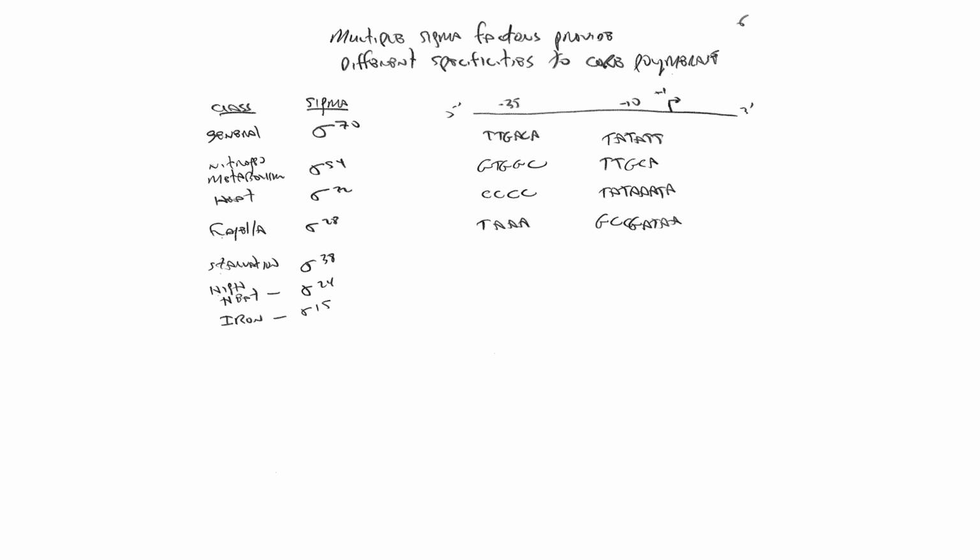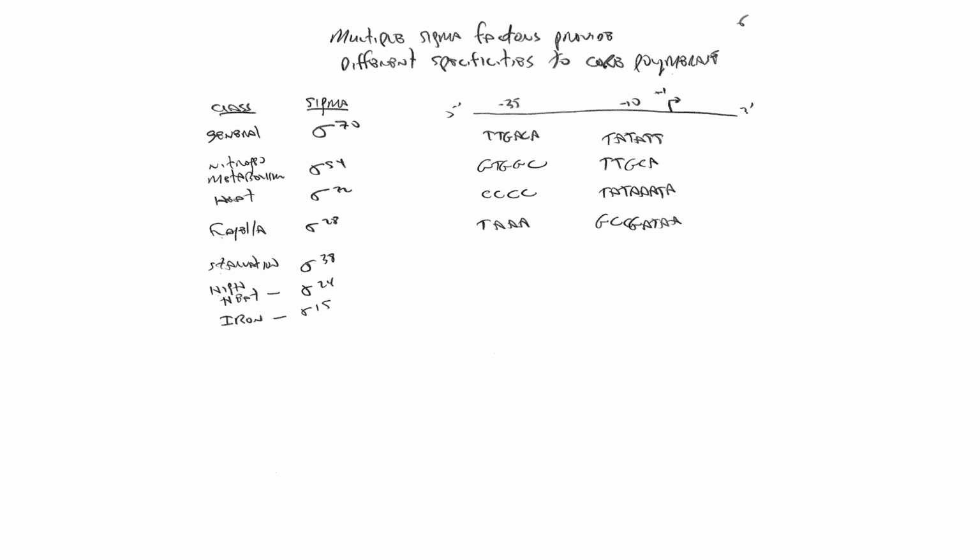Now, when these sigma factors bind to the polymerase, they cause this change that allows it to be specific. So sigma 70 is the one we looked at before. When it binds to the core polymerase, it binds to what's shown on the right-hand side, the promoter with the -10 and -35 region, and it binds to that sequence that we had looked at: -10, TAT, ATT, and at -35, the TTG, ACA.